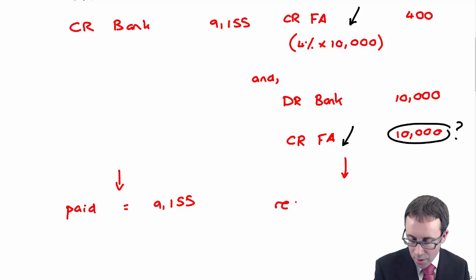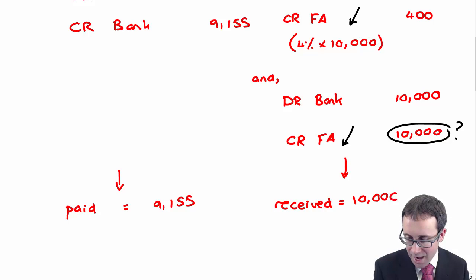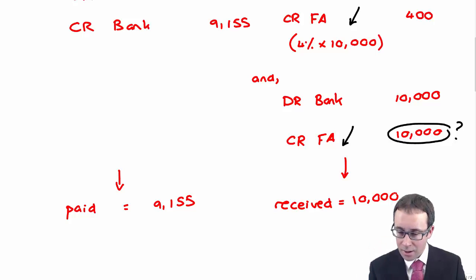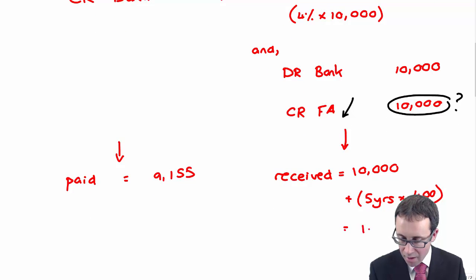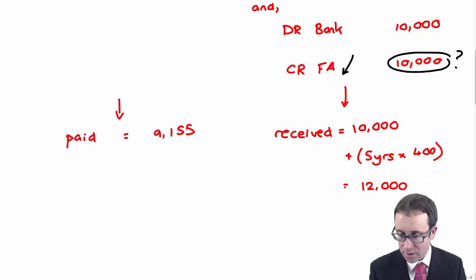The amount that we have received will be 10,000, plus 5 years at 400. So that is 12,000, isn't it?